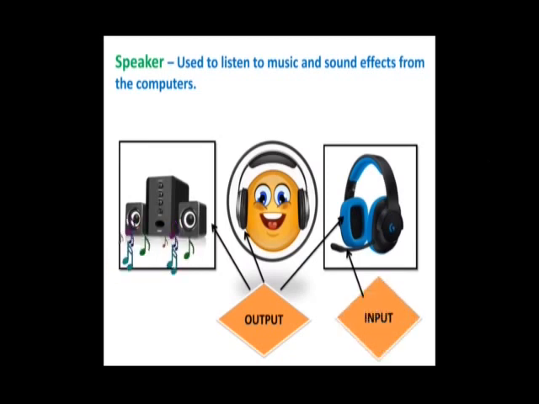So this is an input device. So this is a combination. The third picture is a combination of both input and output device. You are using this headset as an input device because there is a microphone, and you can also use it as an output device because you are listening to music with the help of the speaker attached to it.